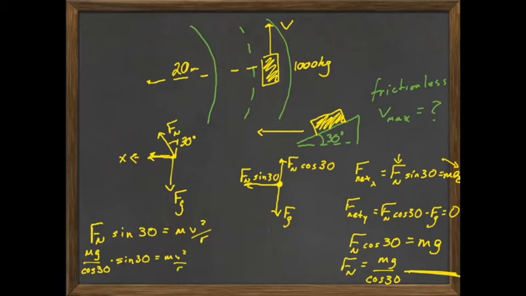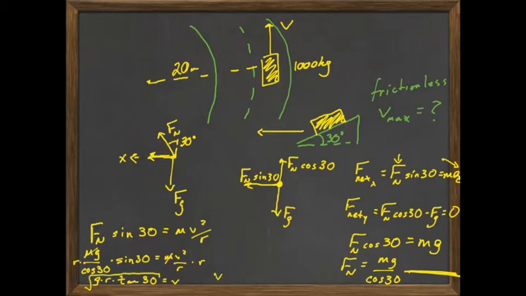So now if we do some algebra steps here, you'll see that the m's go away and we multiply both sides by r so that we've got gr on the left, and notice sine over cosine is actually the tangent of 30, and that's all equal to v squared.